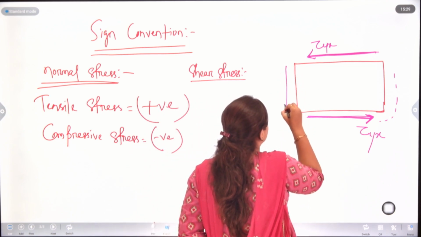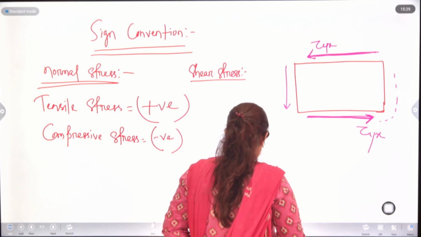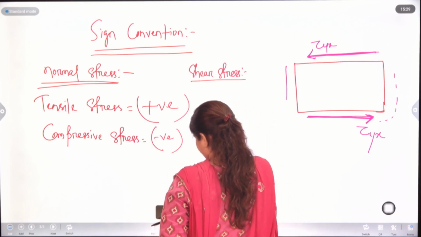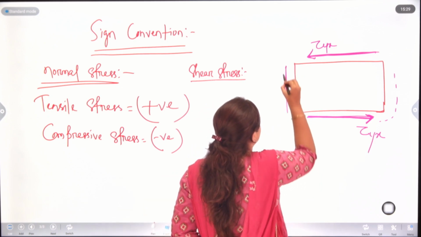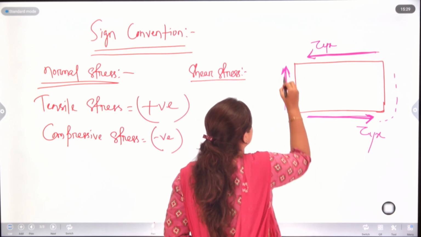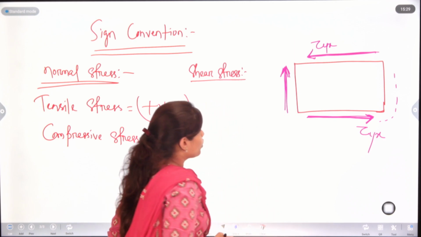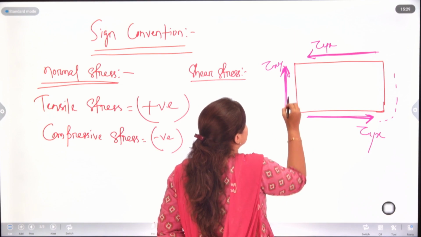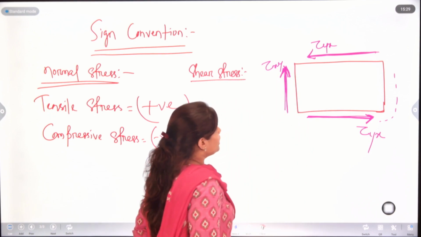Now, if in this direction a stress acts, we will name it tau xy, as it is in the x plane and y direction.